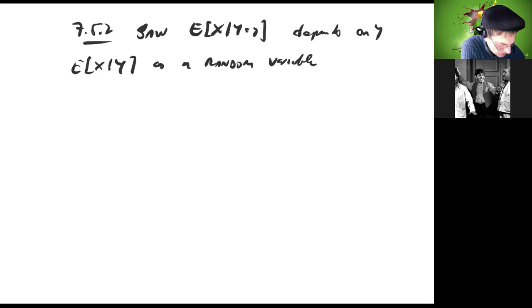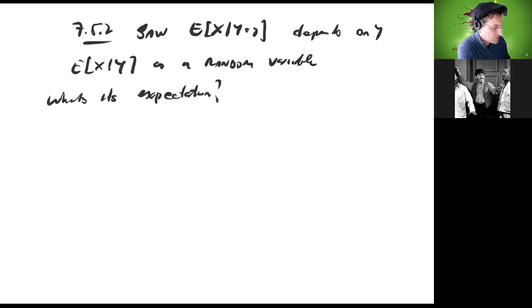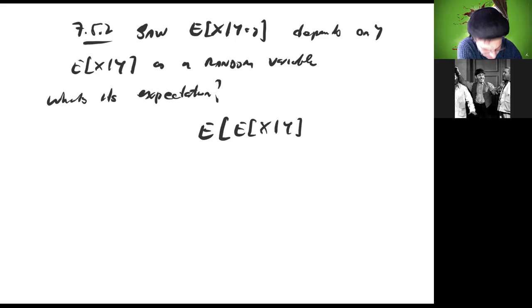What is the expectation? That's what the content of this section is. It turns out that there's an answer. The expected value of this random variable just gives you the expected value of X.